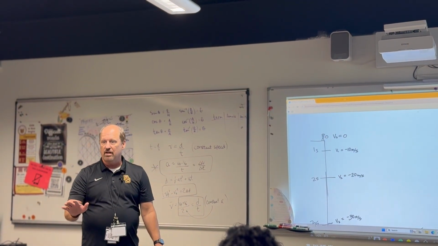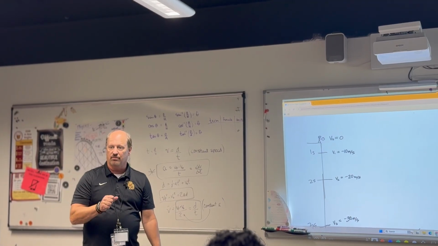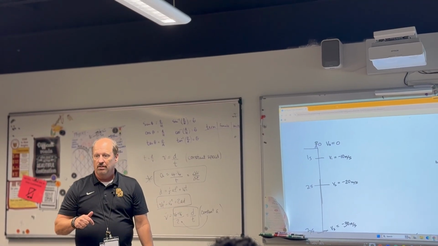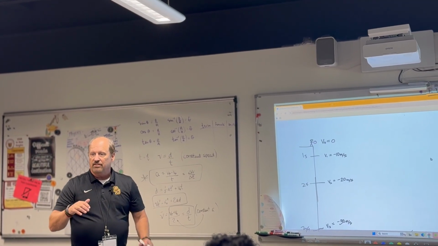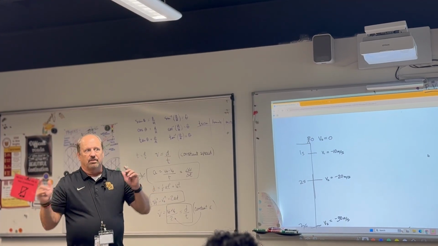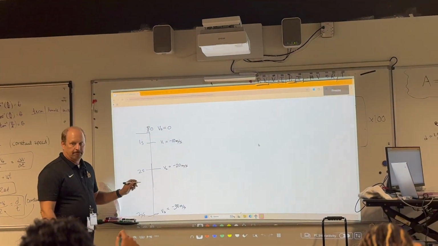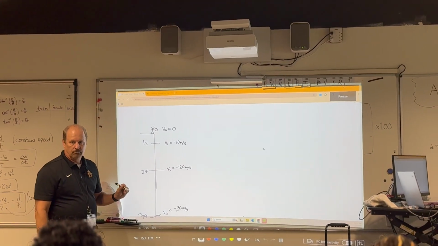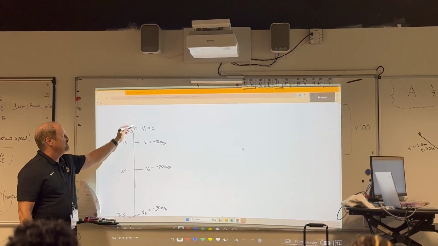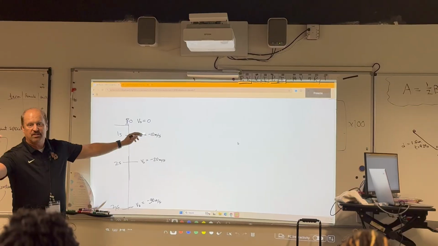We're not going to consider air resistance in here because we need calculus for that, and this is an algebra-based course. So this is introductory physics. It's not multivariable physics, so we're not there. The acceleration is negative 10 meters per second every second.